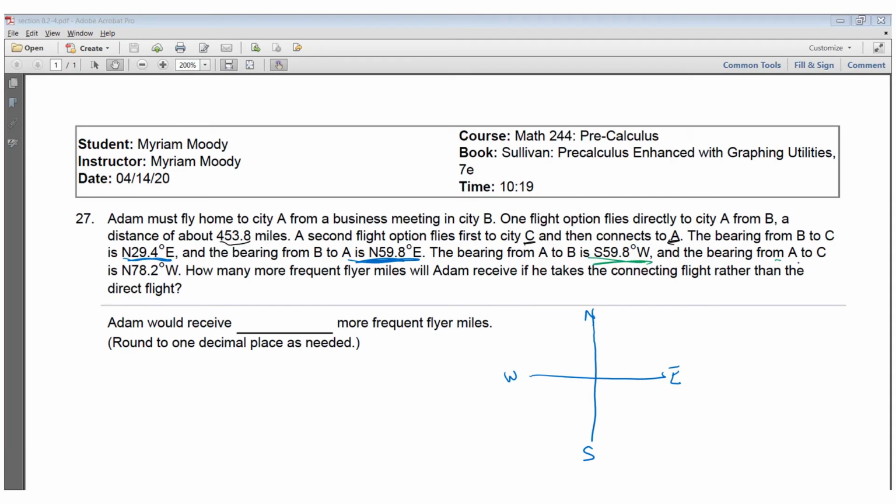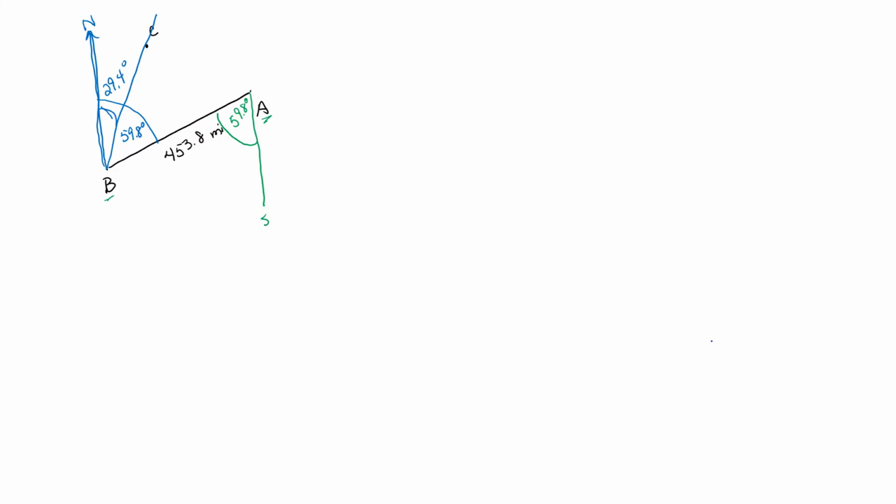And it says from A to C is north, 78.2 degrees to the west. So now, from A to C, we're going north, and then we're going to the west, 78.2 degrees. Are you with me?